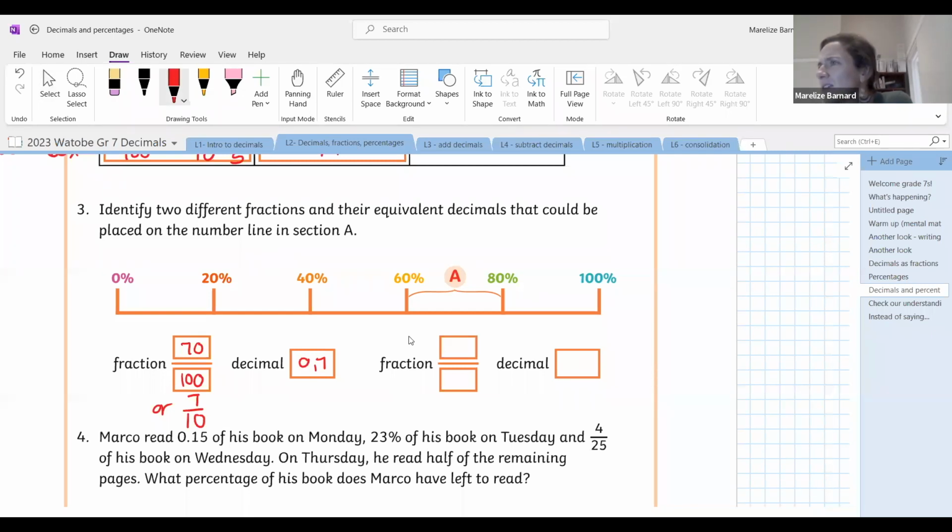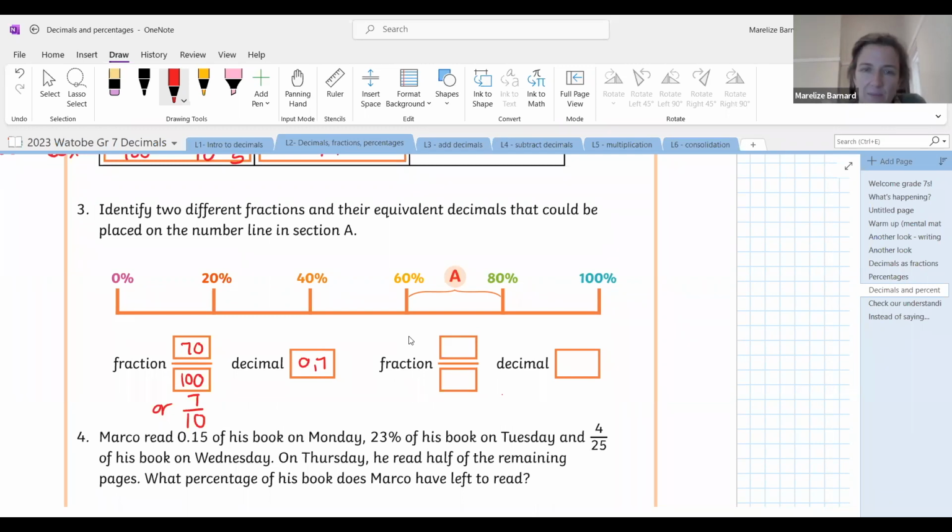Read the question. I'm looking for someone to give me something that's not like random. Like 70, let's see.